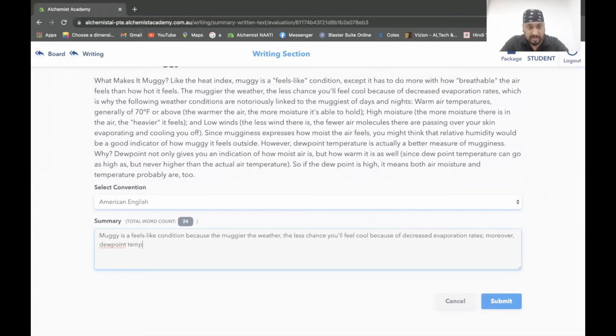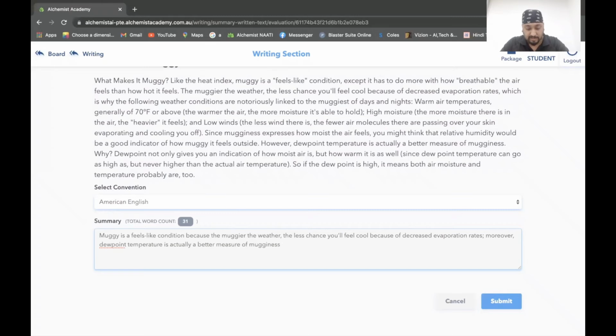Okay, let's just leave it. Don't worry about it, because it is what it is in the question, so we are not adding anything. Temperature is actually a better measure of mugginess. It's a better measure of mugginess.